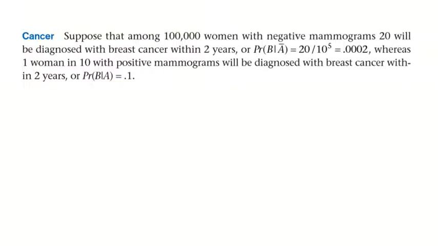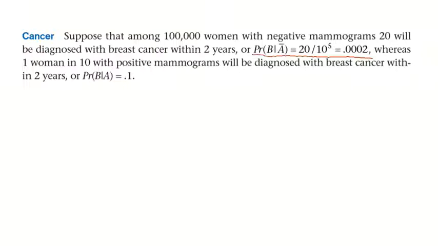So let's apply the concept of predictive values of screening tests to a scenario we once encountered in these videos. So this was similar to what we did last time. First scenario, 100,000 women with negative mammograms. 20 of those will have breast cancer in the next 2 years, or the probability is 0.0002.